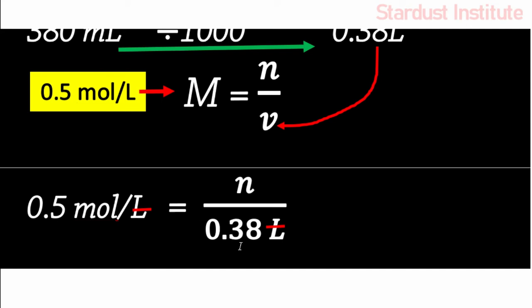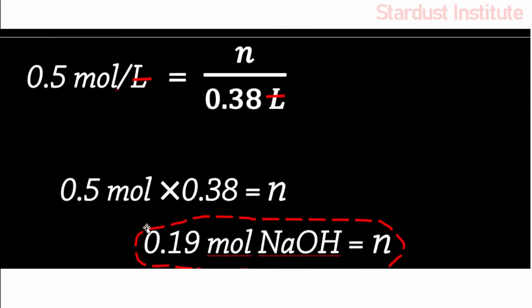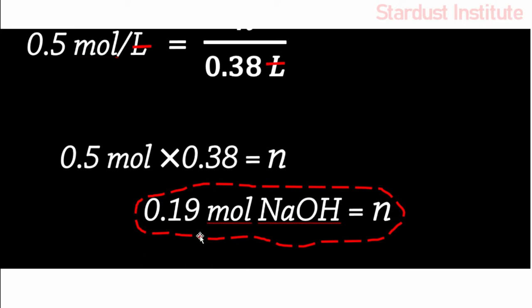We have to isolate n, so 0.38 goes to the other side: 0.5 mole times 0.38 equals n. That gives 0.19 mole of sodium hydroxide.